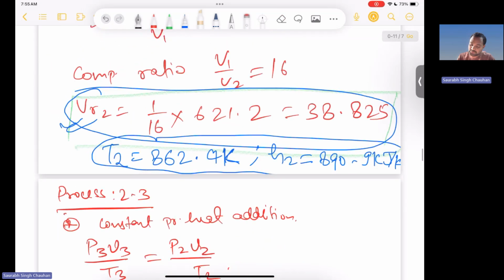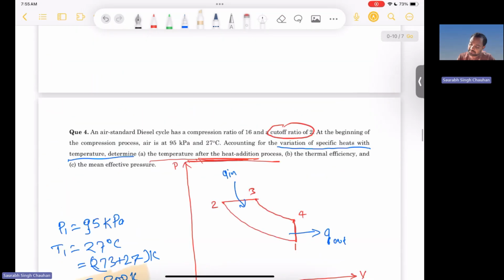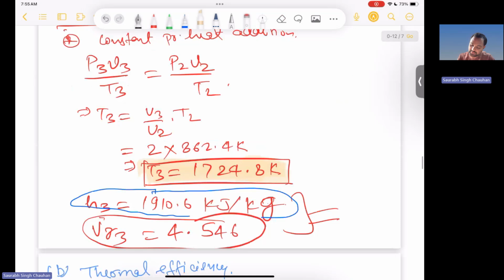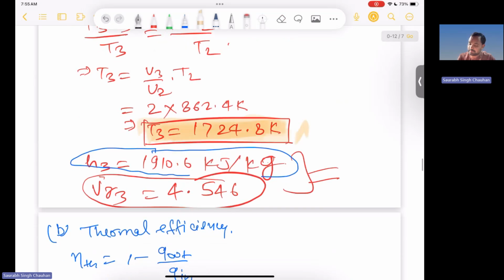So we were supposed to find temperature after the heat addition process, that we have got, T3.